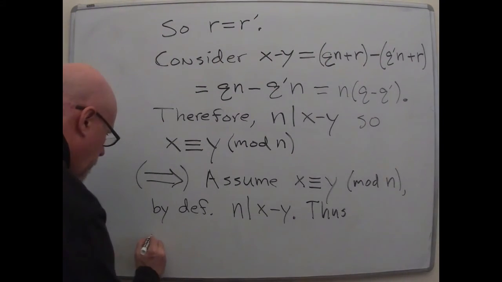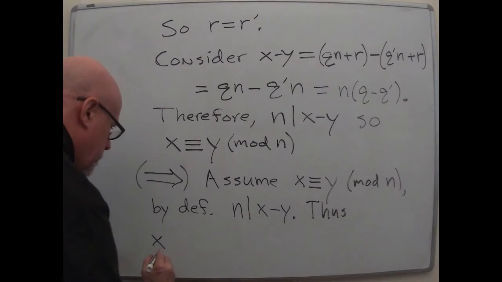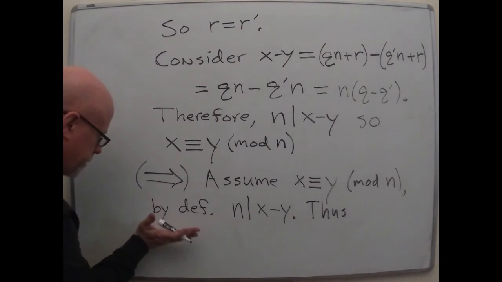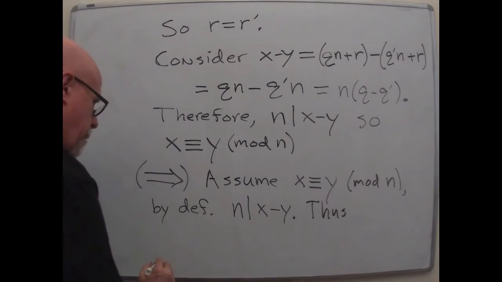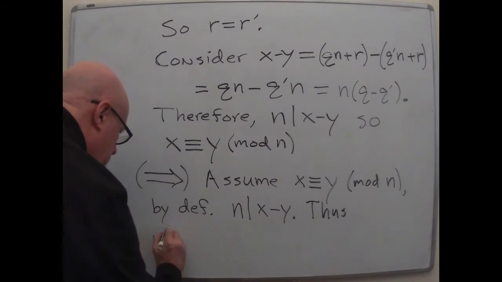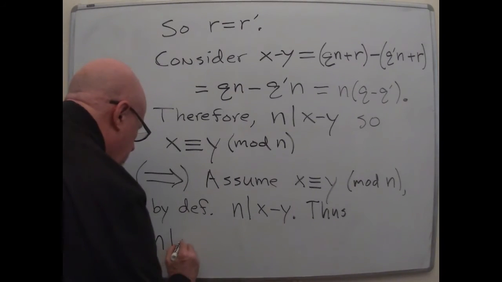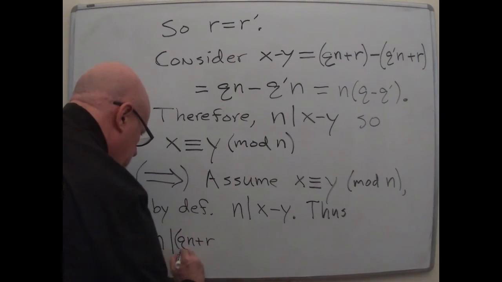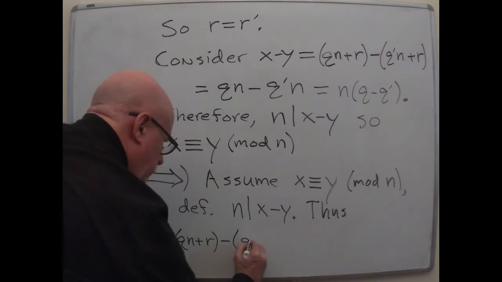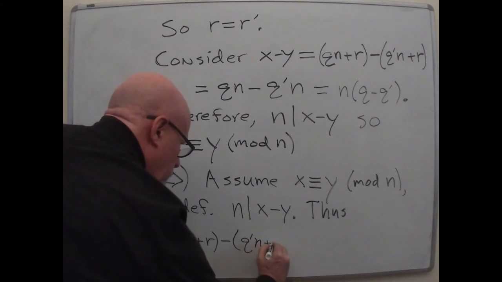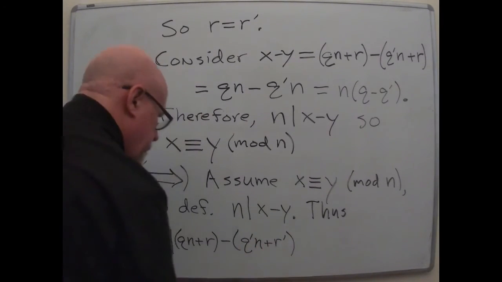So we'll do that here. Let's replace x with what it's equal to. n is going to divide into qn plus r, that's what x is, minus y, which is q prime n plus r prime.